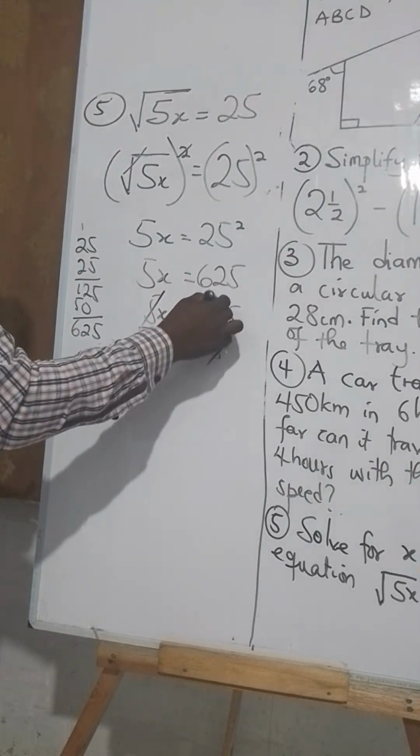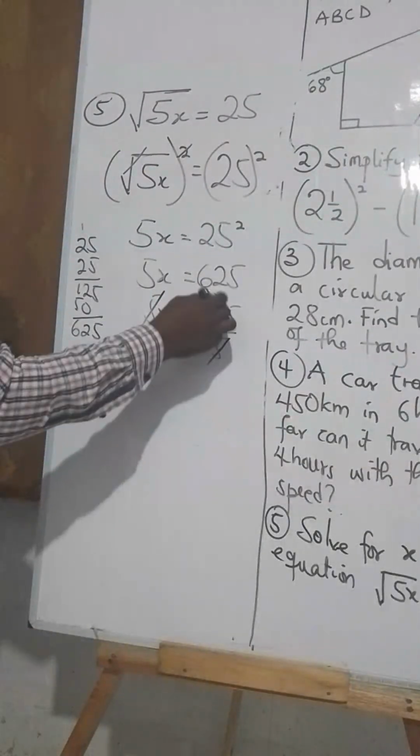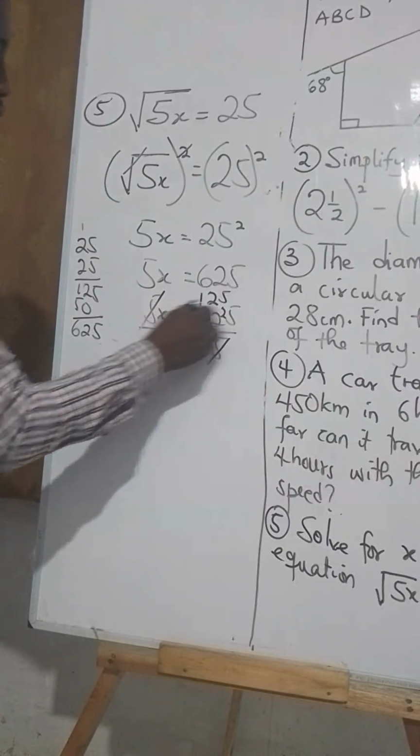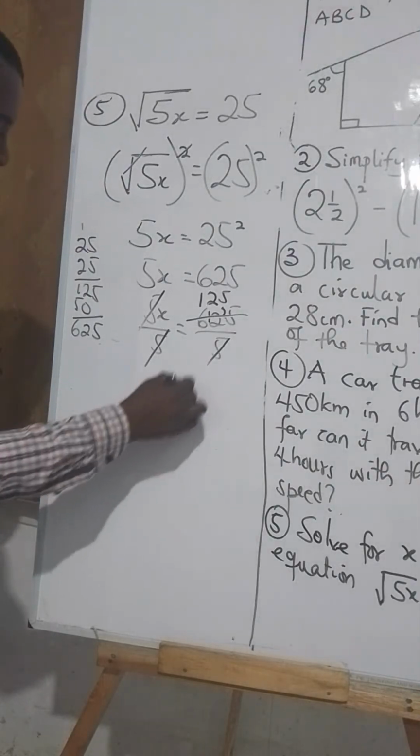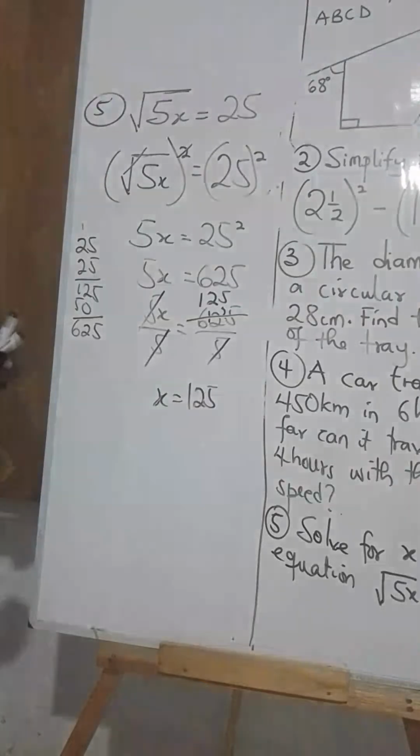The remainder is 2. 5 into 25, that is 5. So 5 will go into 625 that's 125 times. So your x will be 125. All this is also simple here, right?